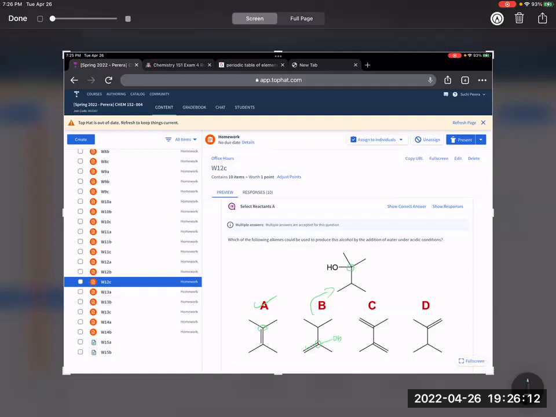C would not work, because when these two double bonds are gone, your major product would be something that doesn't look like this guy over here. And D is fine because we have a double bond involved with this carbon, and when this double bond is gone, you're going to get an OH here. So A, B, and D should be your answers.